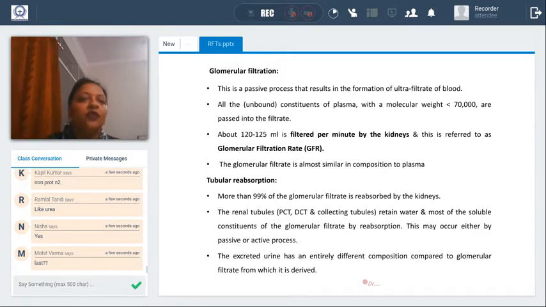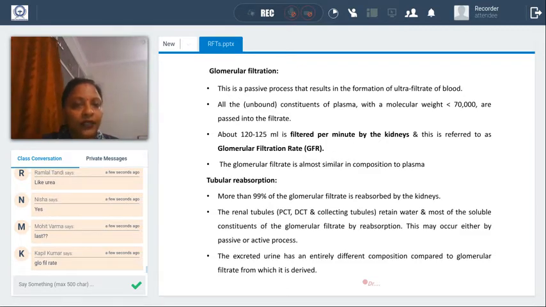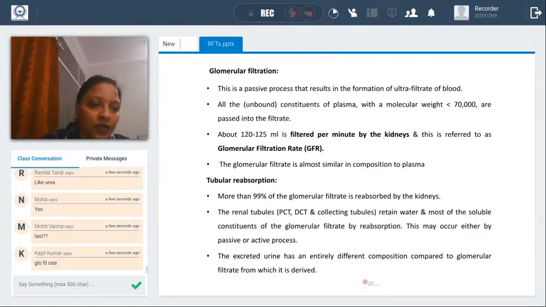All the unbound constituents of plasma with a molecular weight less than 70,000 pass through the filtrate. About 120 to 125 ml is filtered per minute by the kidney, and this is referred to as GFR. The glomerular filtrate is almost similar in composition to plasma.